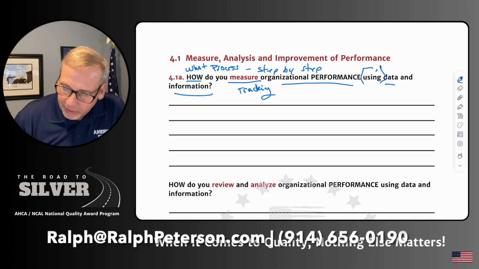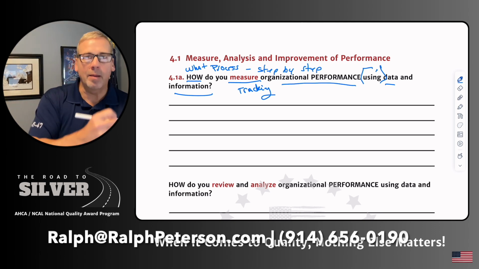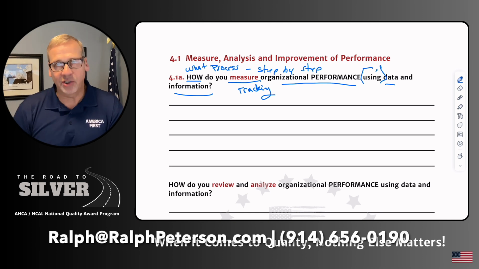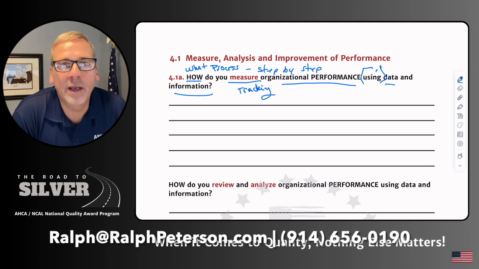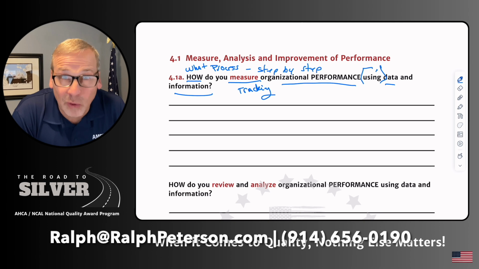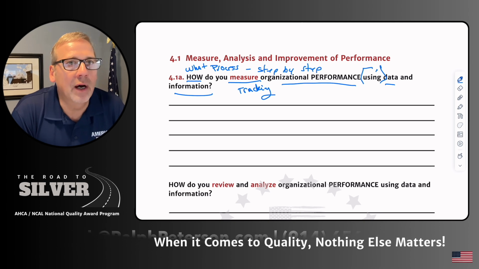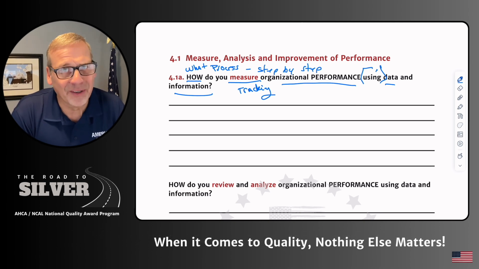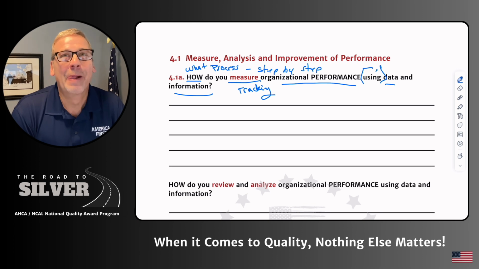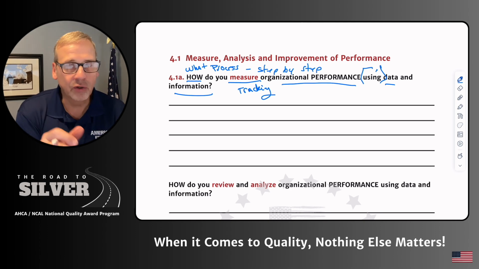What does it mean, organizational performance? If you remember from the bronze application, question 1, P1A3, I know this from memory, is how many applications I go through. P1A3 is that question at the bronze: what are your key organizational performance measures? Are you tracking census?